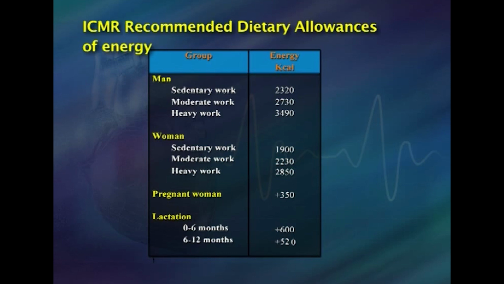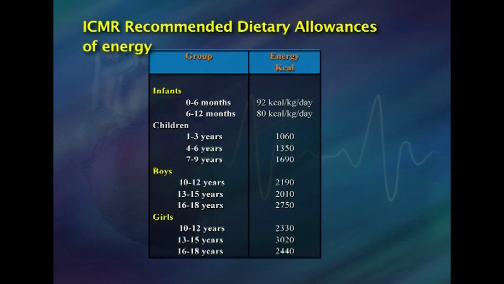And since the energy requirement for infants is high, 0 to 6 months it is 92 kilocalories per kg body weight per day, and 6 to 12 months 80 kilocalories per kg body weight per day. For children between 1 to 3 years it is 1060 kilocalories, 4 to 6 years 1350 kilocalories, and 7 to 9 years 1690 kilocalories.